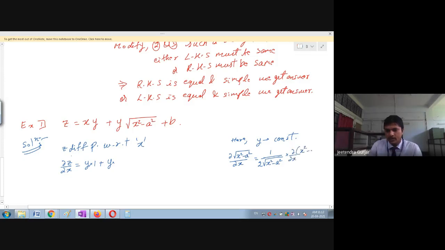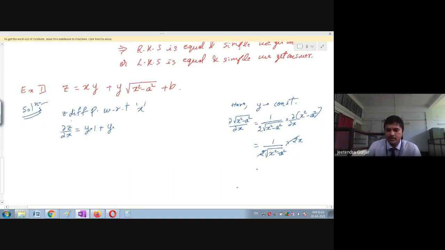This is x square minus a square, the inner differentiation. Inside the square root is x square minus a square, you have to differentiate once again. So when you simplify this, keep this as it is, 1 divided by 2 square root x square minus a square into, now differentiate x square minus a square: differentiation of x square is 2x, a square is constant, so it will be 0, so I will not write that 0. Further, you can see this 2 in the denominator and numerator will get cancelled, so this is equal to x divided by square root of x square minus a square.